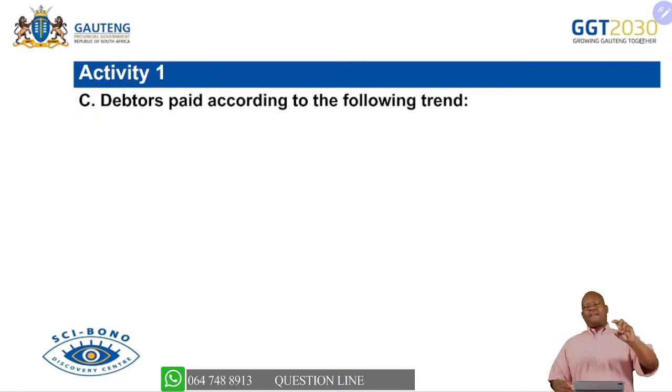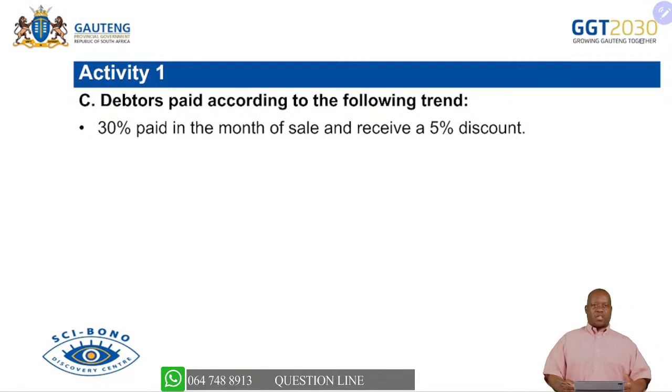Whenever we are dealing with collection from debtors, history comes into play. From what we have been doing in previous years, how have we been collecting from our debtors? Is there a uniform way in which we have been collecting, so that we can apply it and expect, say, if 20% of our debtors have been paying us in the month of sale, that's what's coming as we go.